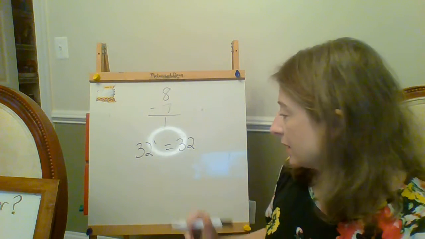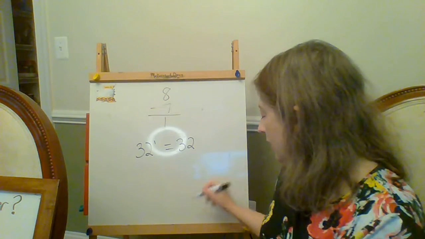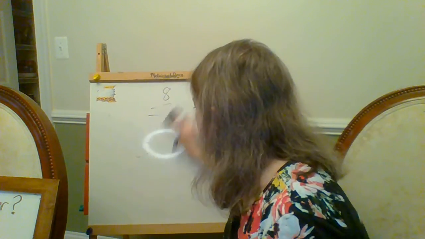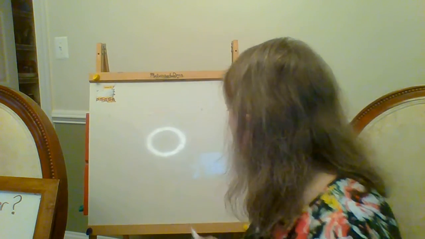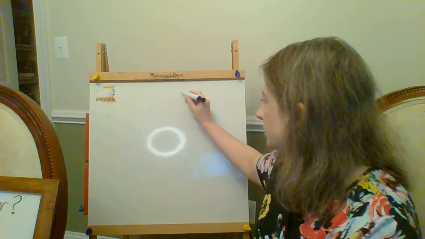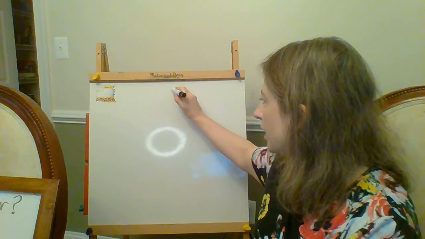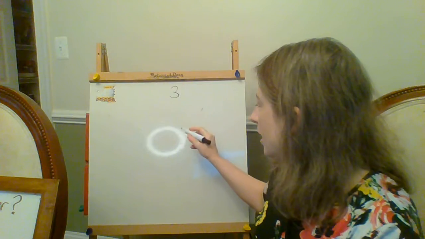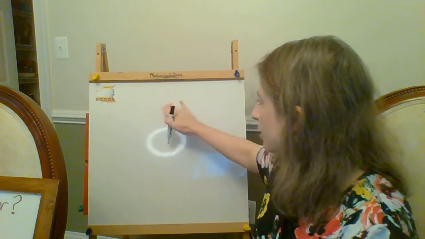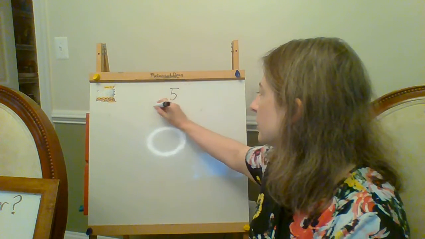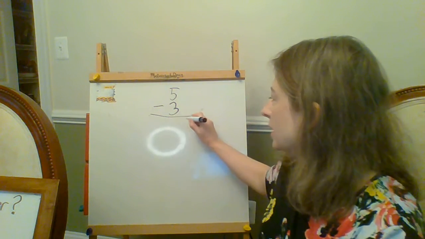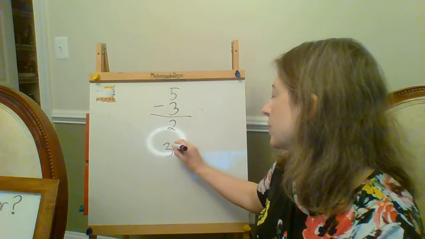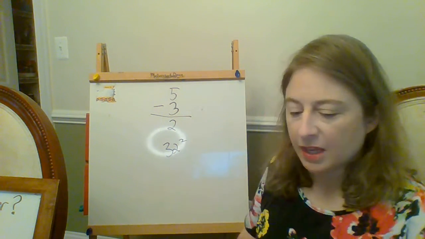What if we have an earthquake that is a 3 on the Richter scale, and we want to know how much stronger a 5 would be? We would do 5 minus 3, they're 2 apart, so 32 raised to the second power.